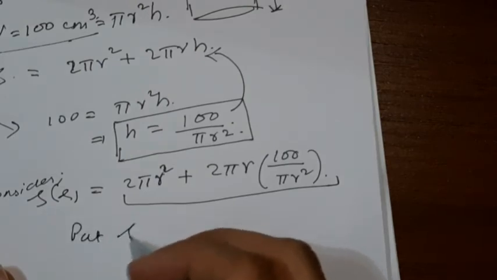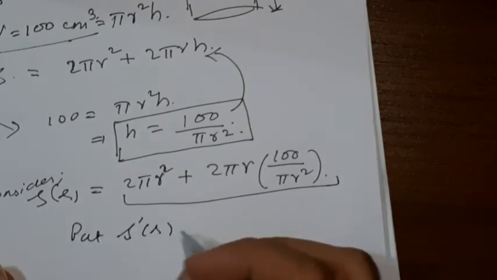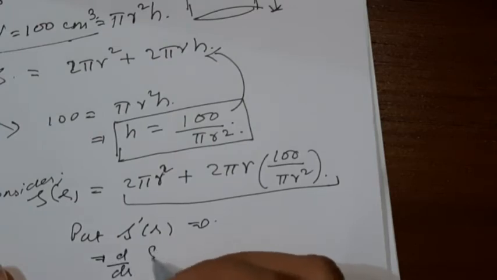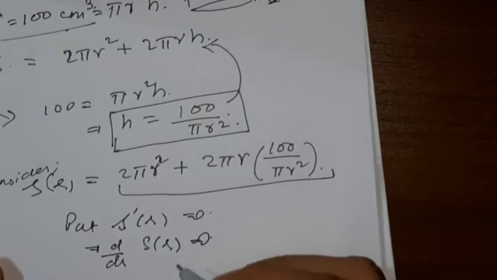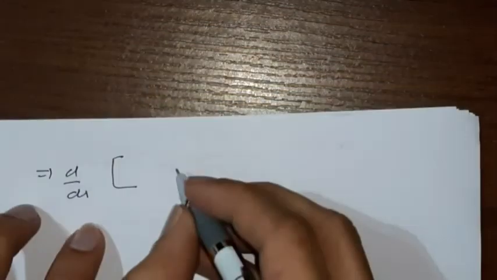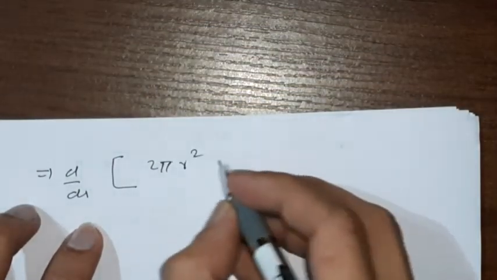We have to find the minimum surface area, that is the minimum of this function. So put S prime of r equal to 0, that is the derivative of S of r equal to 0.